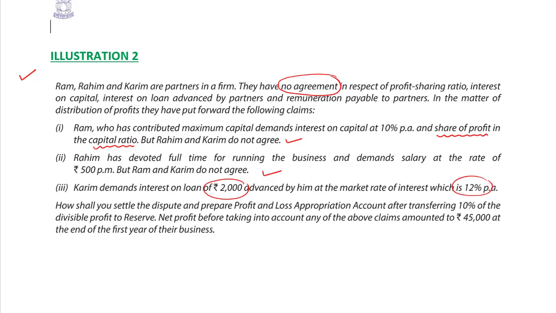How shall you settle the dispute and prepare profit and loss appropriation account after transferring 10% of the divisible profits to reserve? 10% of the profits is to be transferred to reserve compulsorily. Net profit before taking into account any of the above claims amounted to 45,000 at the end of the first year of their business. I believe you understood.